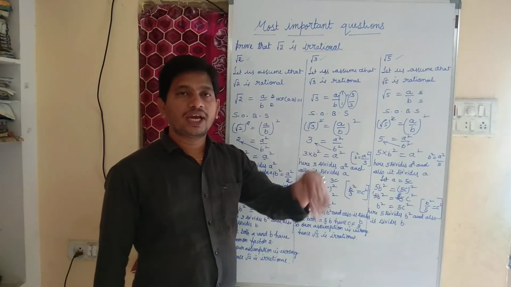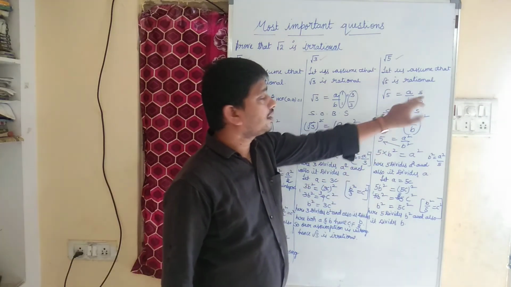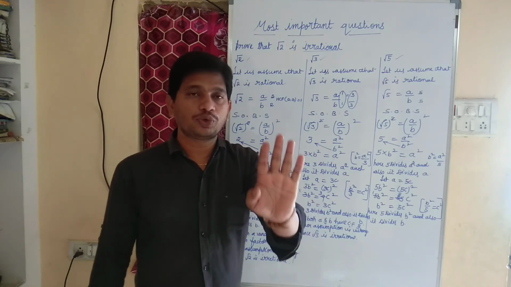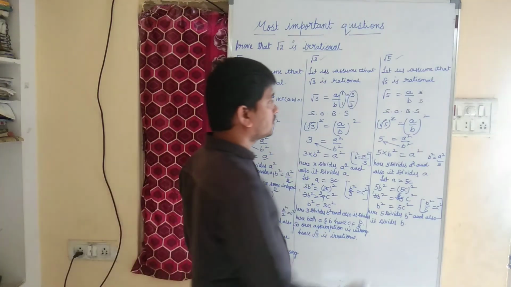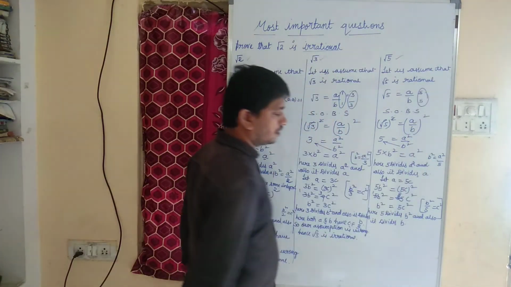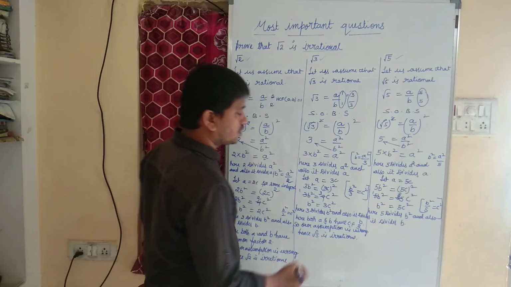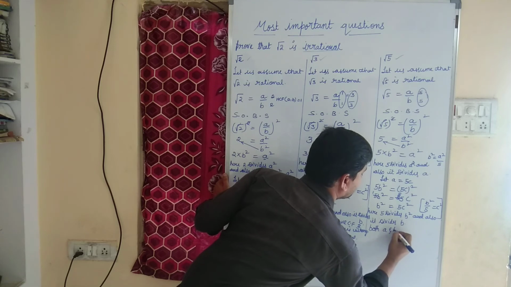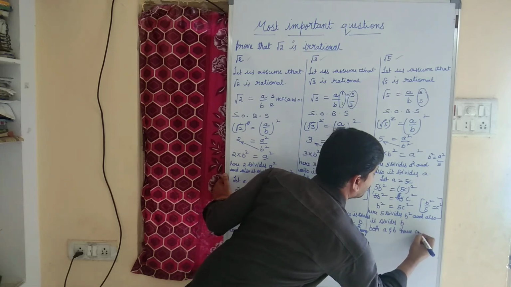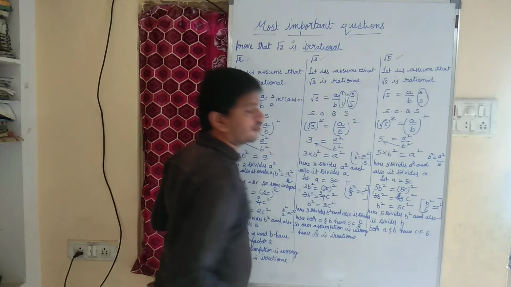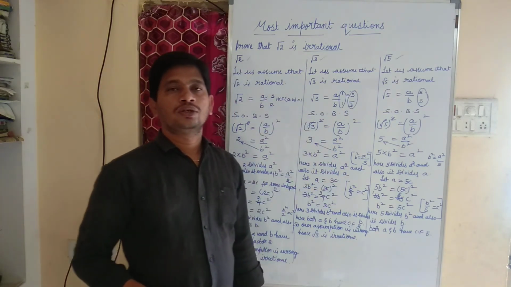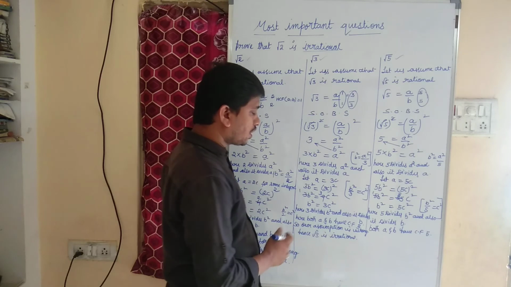Both a and b have common factor what here? 5. But actually our assumption is that it is rational. Rational means it should have only common factor 1. But we got 5 as the common factor. So here both a and b have common factor 5. Right?